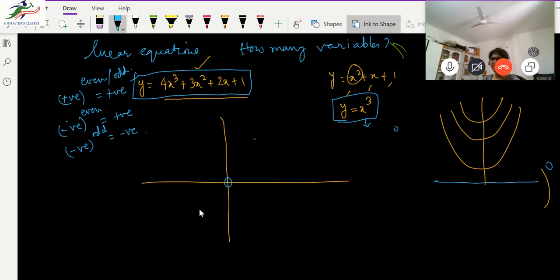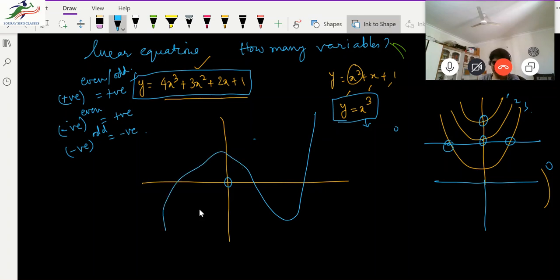In the quadratic function, we saw three cases, right? One was above the x-axis, one was touching the x-axis, one was intersecting the x-axis. So there were three cases. Here also there would be different cases. Case 1 is the curve can go like this.